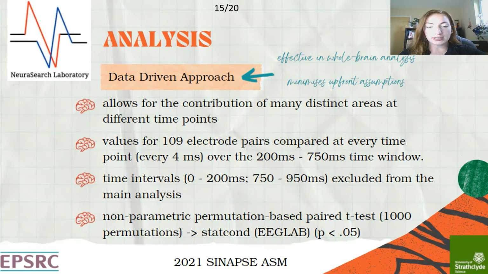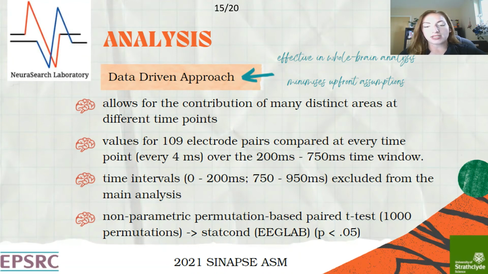This is because for the early interval, we were not interested in the initial processing of the stimuli, and the late interval usually contains noise related to eye movements and motor movements where participants were submitting their relevance judgments.